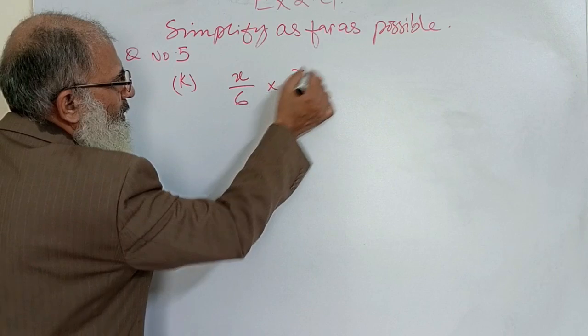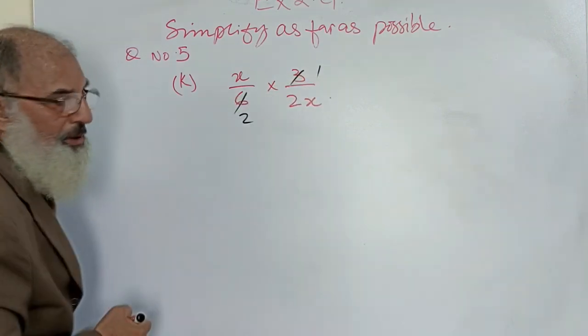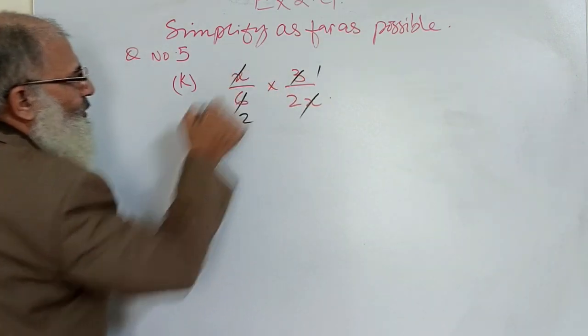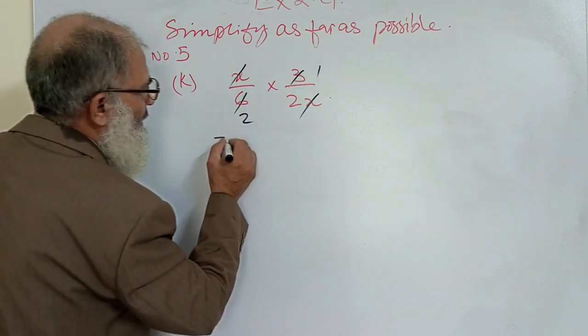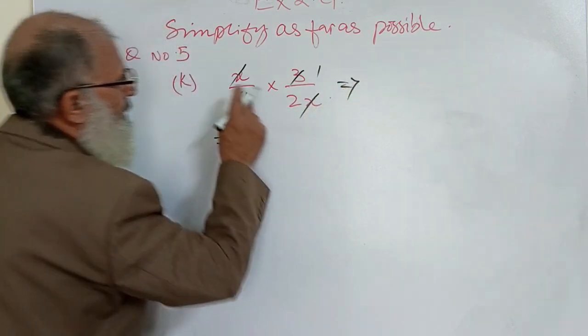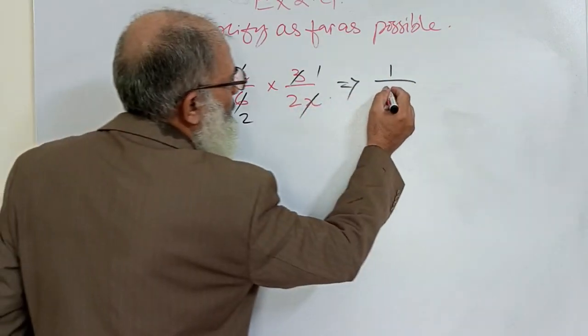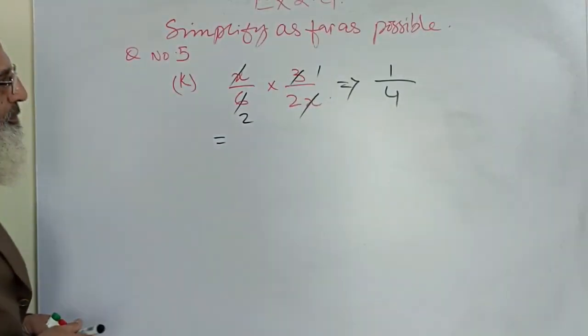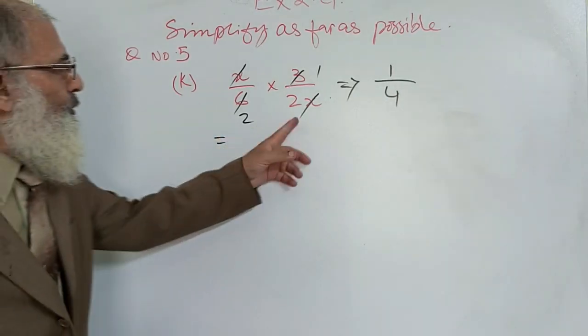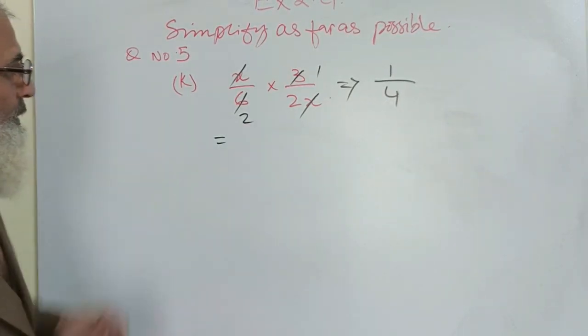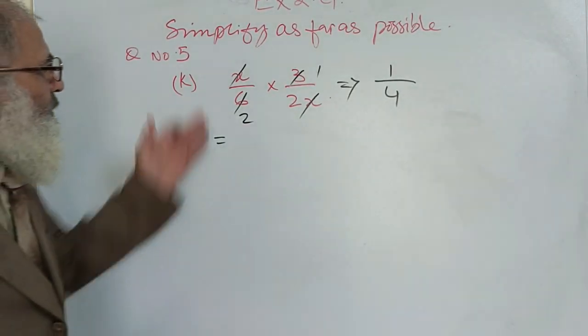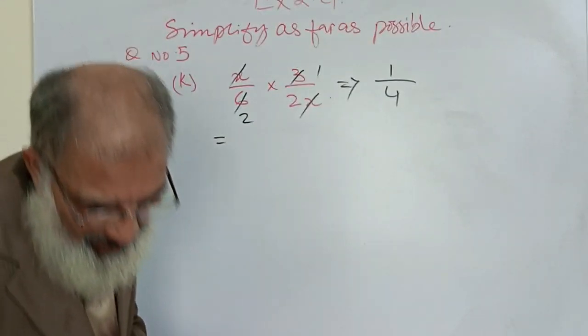So 3 one times, 3 two times, and this x goes with this x. So the answer here is 1 divided by 2 times 4. No variable is left over. Last question.